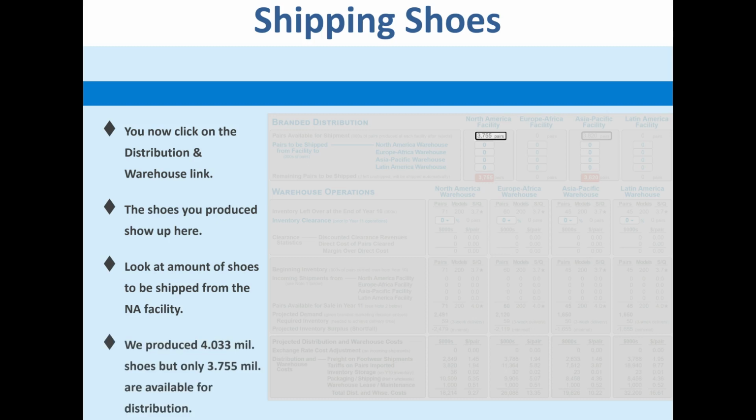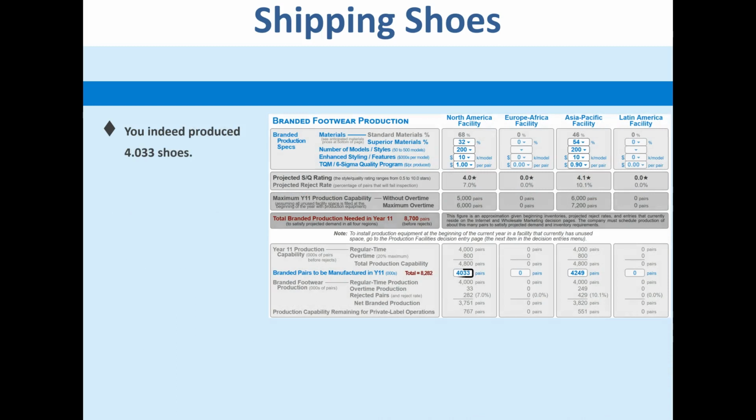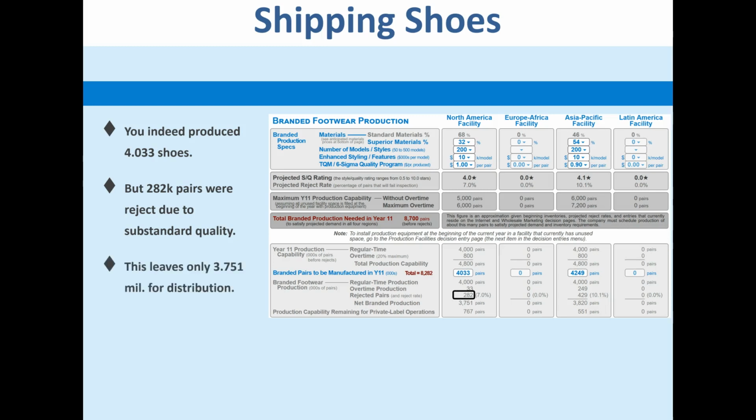We produced 4.033 million, and only 3.755 have shown up for distribution. And the reason for that is because of rejects. See this right here? Some of your shoes were rejected on quality control measures, and that's why you don't get the full 4 million and you only get 3.751 million.